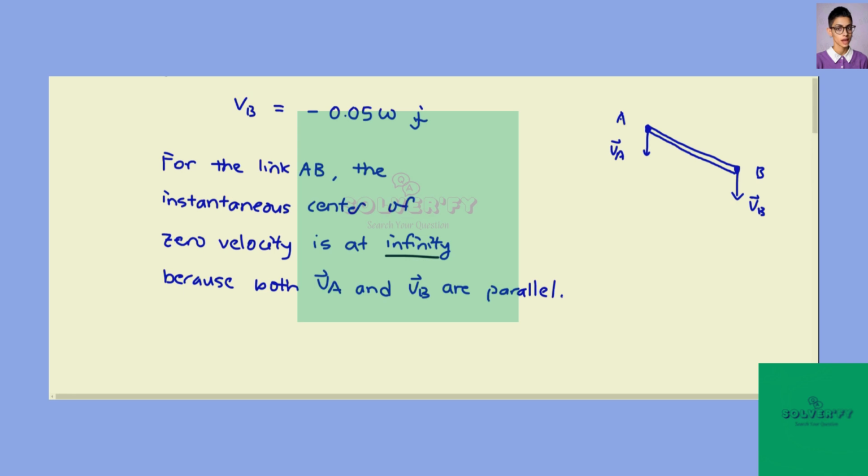So this means that VA is equal to VB. It is minus 2J meters per second.